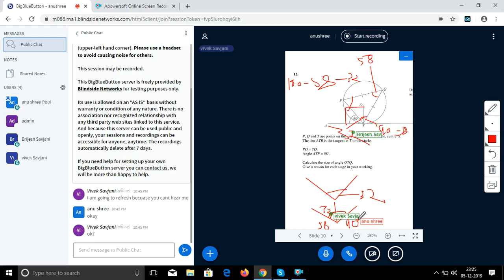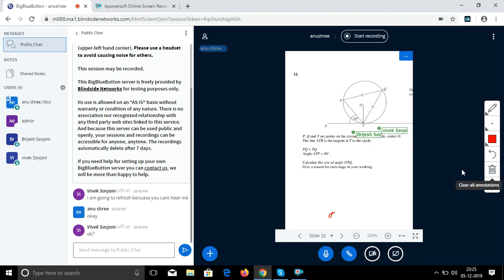No, it doesn't work. This would be 90 on this side. This would also be 90.